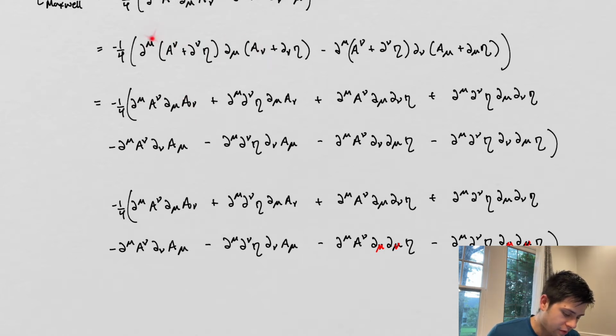Okay, and then we have this times this, which is right here, and then these two times this, and you can see how this goes, right?